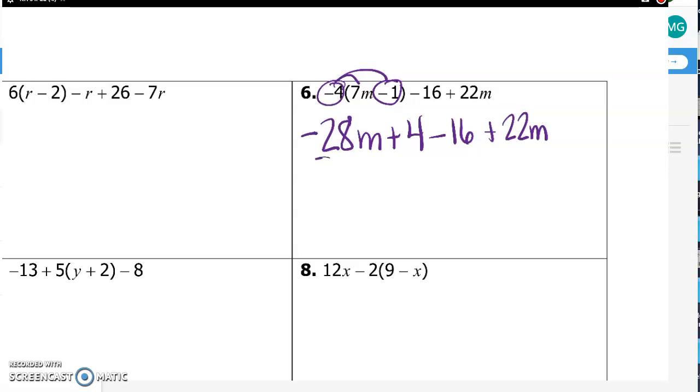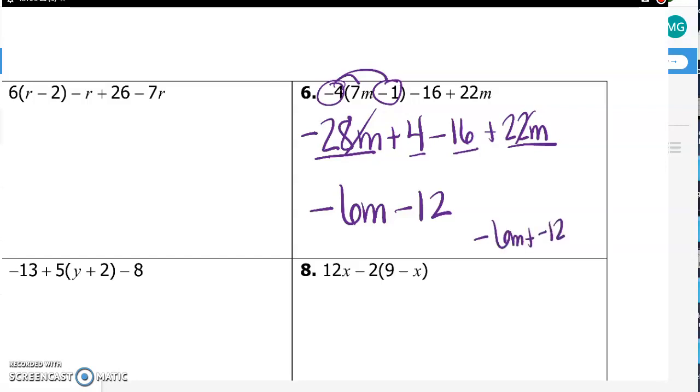Now we combine our like terms. Negative 28 plus 22 gives us negative 6m. 4 minus 16 gives us negative 12. So negative 6m minus 12. Again, if you write down a plus sign right away and then put a negative in, that is incorrect. You need to change it to just a minus sign.